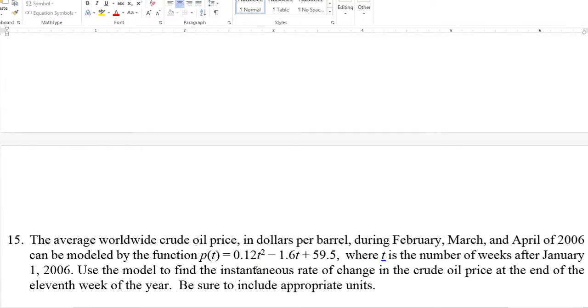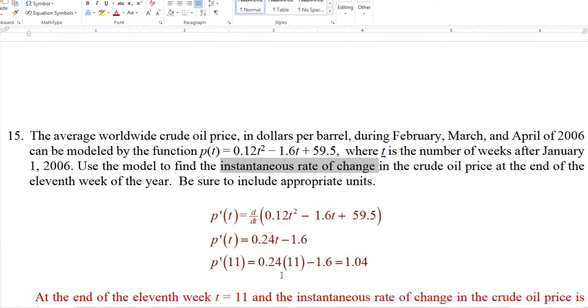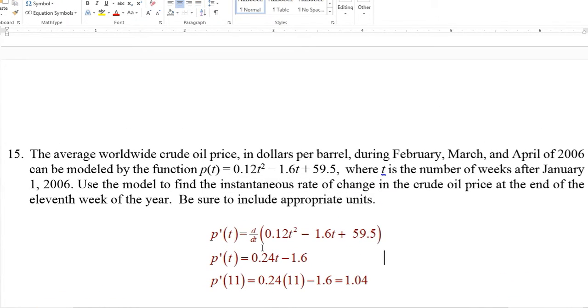Well, if we have the function here, remember instantaneous rate of change means derivative. So P prime of t is the derivative of that polynomial, and these are pretty easy to do, right? You just take the derivative of each piece. So the t squared, use the power rule here: 2 times the coefficient, 2 times 0.12 is 0.24, and then subtract 1 from the power, it goes down to 1.